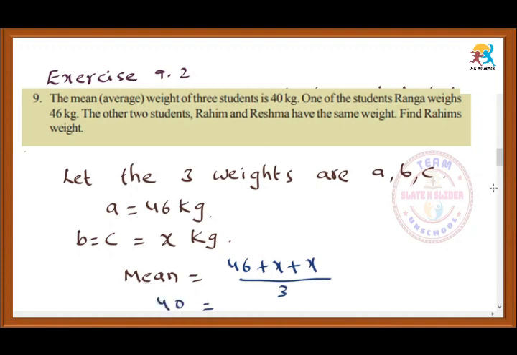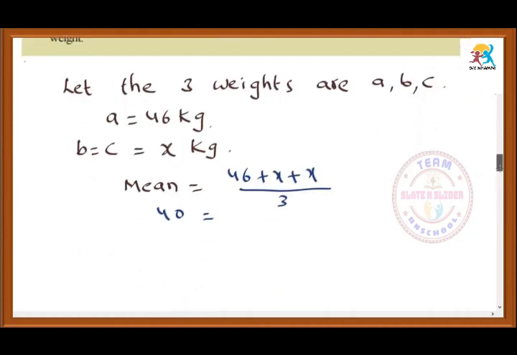The denominator 3 goes to the other side, so it becomes 40 into 3, that is 120. Then 46 goes to the other side: 2x is equal to 120 minus 46, that is 74.